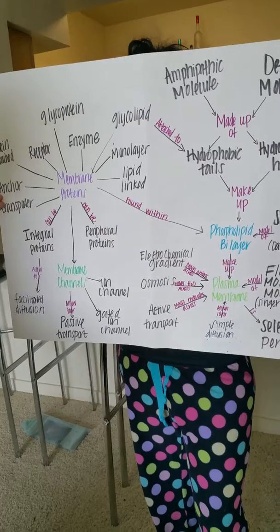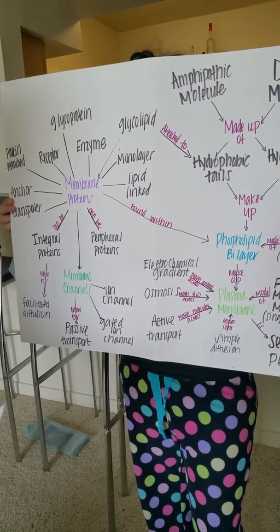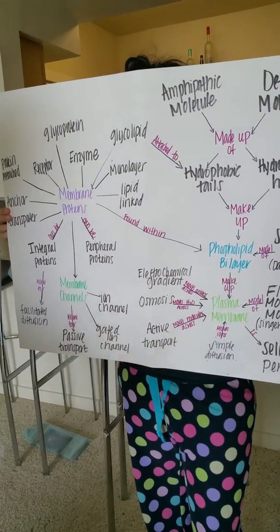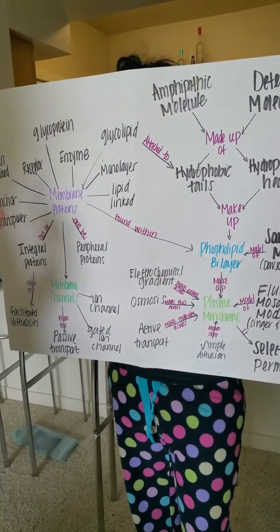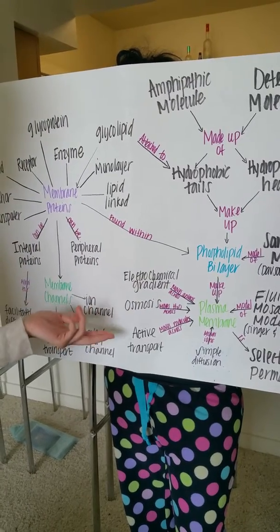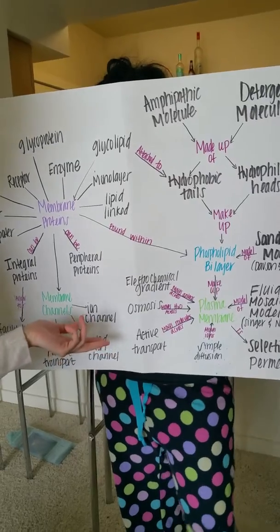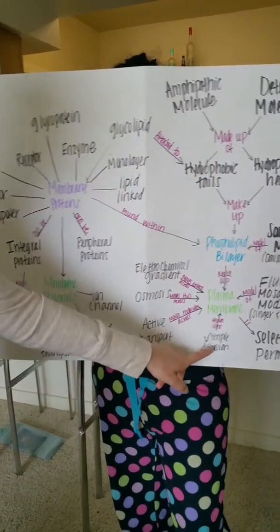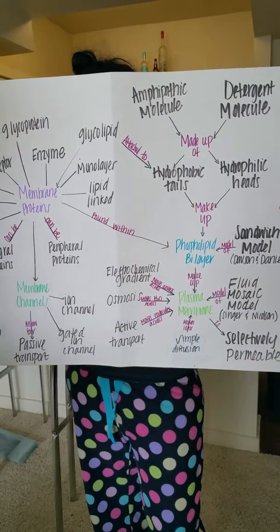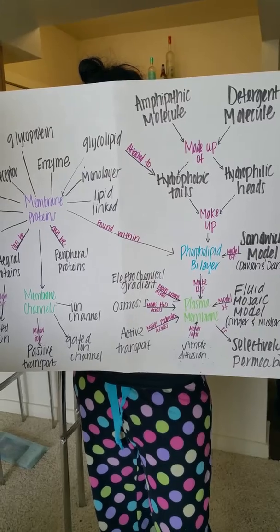Another type of transporting force is active transport, which allows molecules to move across the membrane, driven by ATP hydrolysis or other metabolic energy processes. We have simple diffusion, which moves ions across the membrane as well.